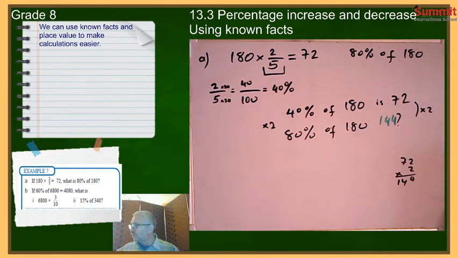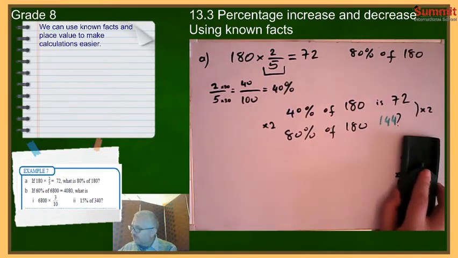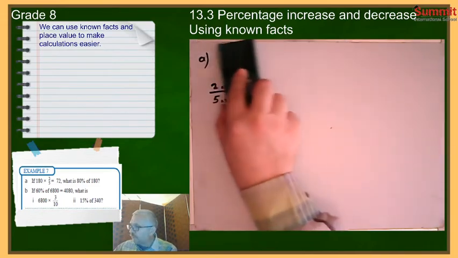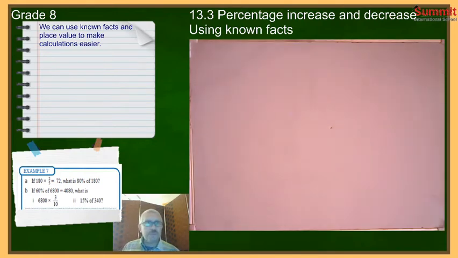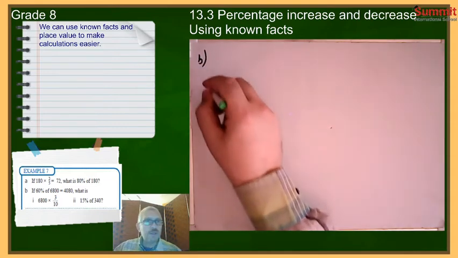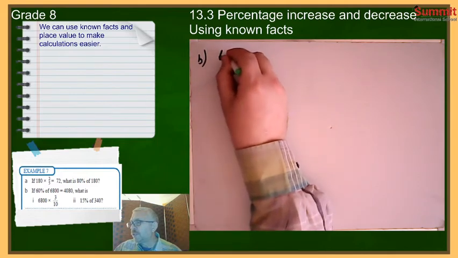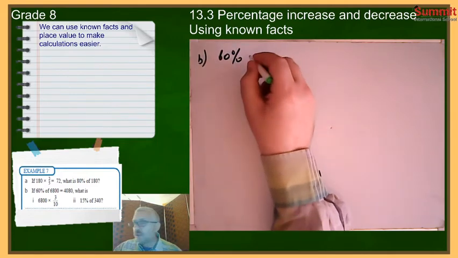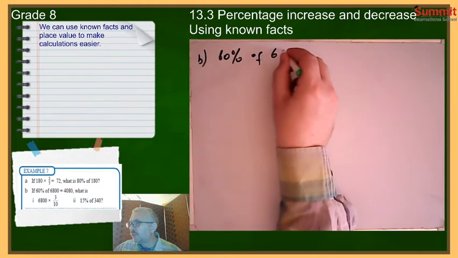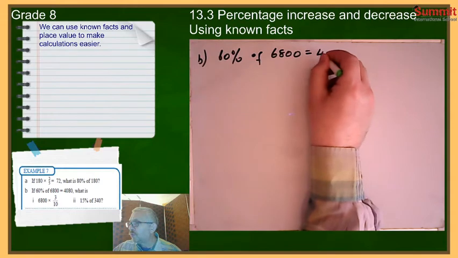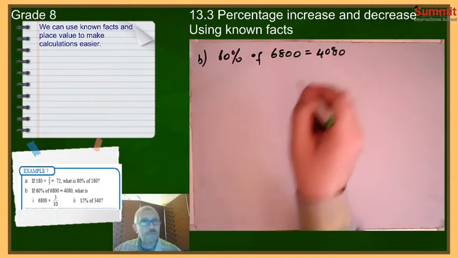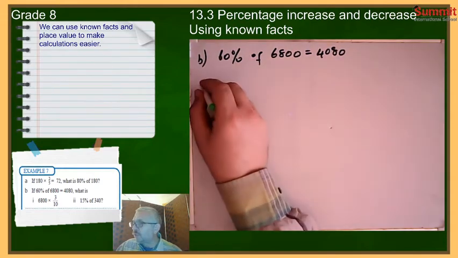Let us solve the B now. Let me erase the board. Now the B is, if 60% of 6,800 is equal to 4,080, there are two questions.